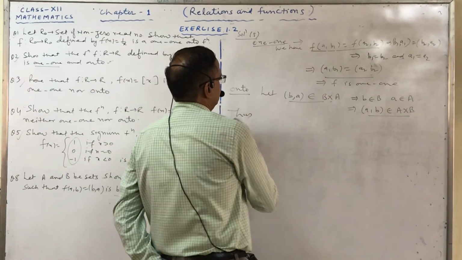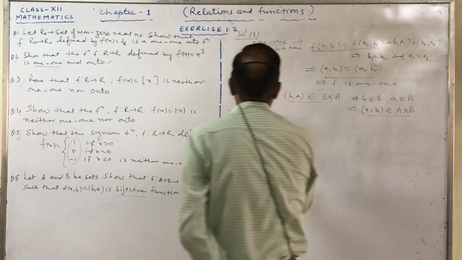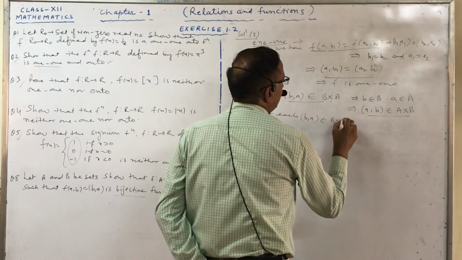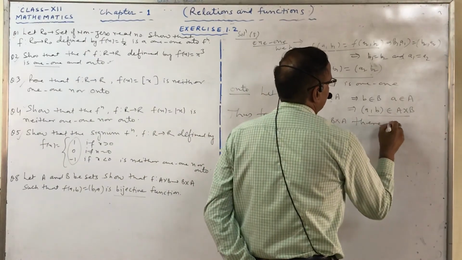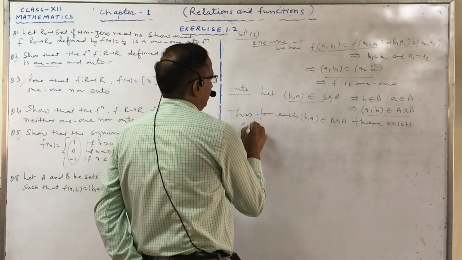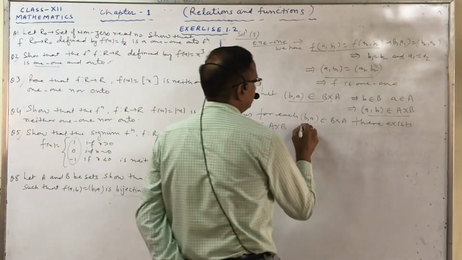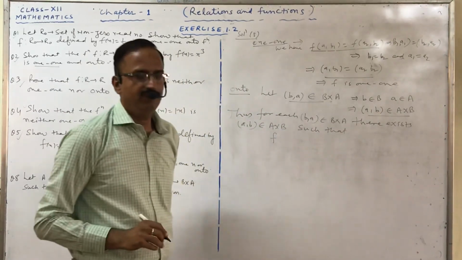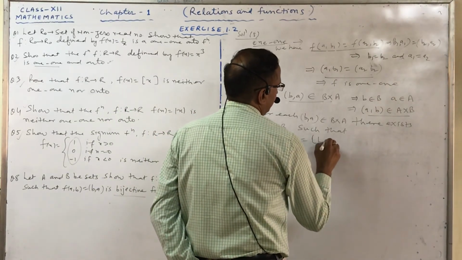Thus, with the help of the function, we can write for each (b, a) belongs to B cross A, there exists (a, b) belongs to A cross B such that f(a, b) is equal to (b, a).